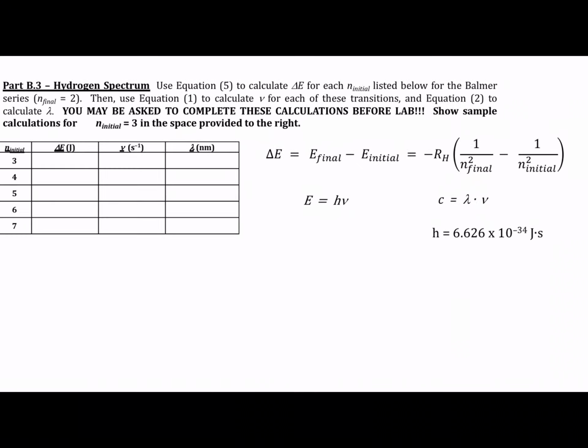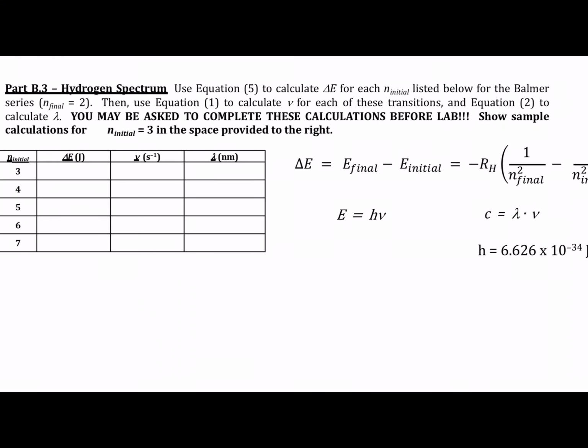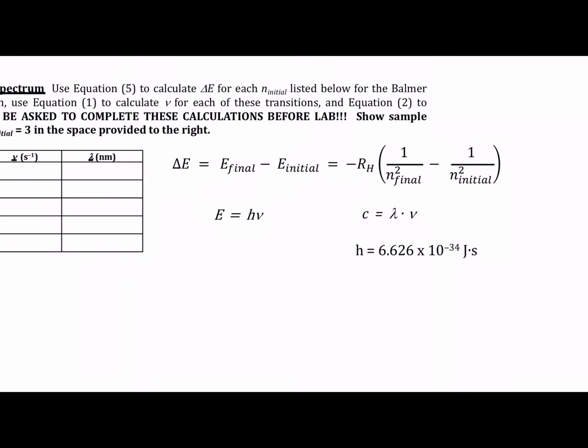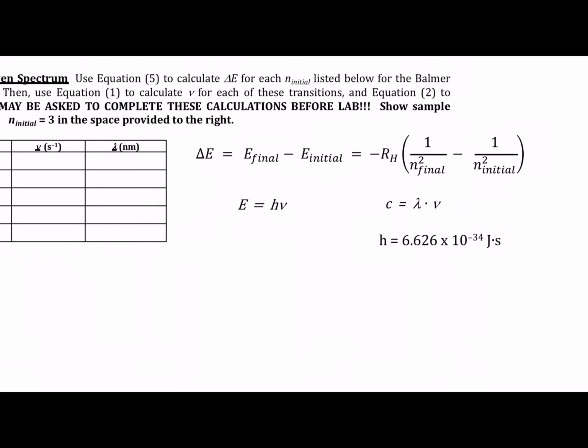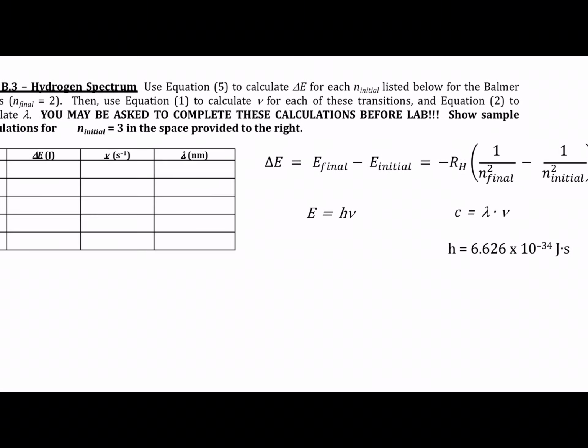In order to do that, we're going to use this equation, the Rydberg equation. Delta E equals energy final minus energy initial, equals minus RH times (1 over n squared final minus 1 over n squared initial). So I will show you how to do the first one.